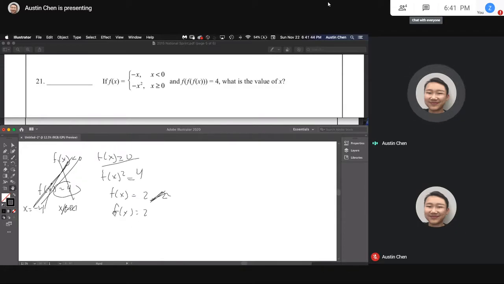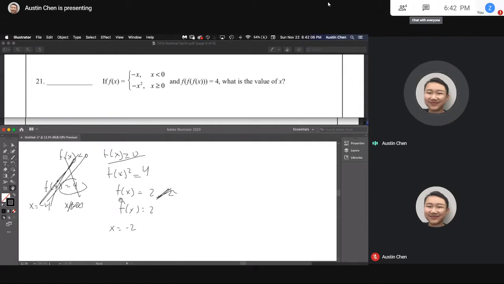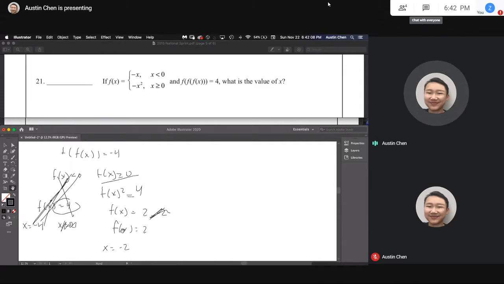All right, if f of x equals 2, then what solutions do we have? Well, we just have x equals negative 2 because it's going to be negative. We apply the negative, we get positive 2. And we can't have any positive solutions because if they're positive, then this will be negative, and then we can't get anything positive. So let's see if this x equals negative 2 works out.